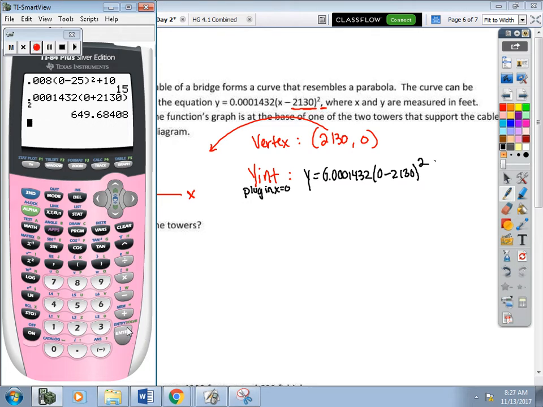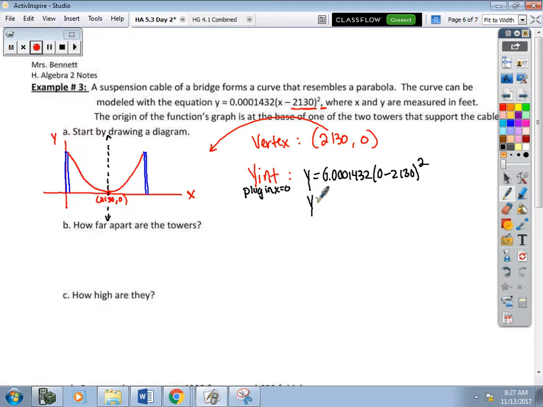It doesn't tell me, so I'll just do the nearest hundredth. So 649.68. All right, so let's go put that into our picture. The y-intercept would be occurring here. So that would be 0, comma, 649.68, roughly 650.